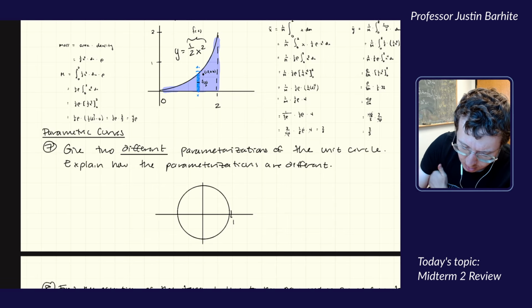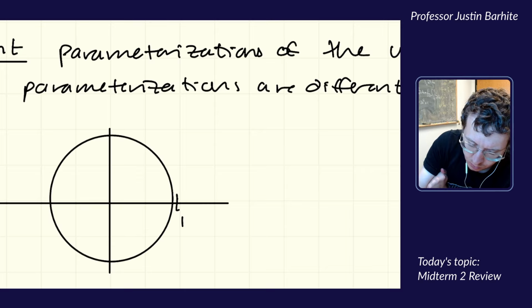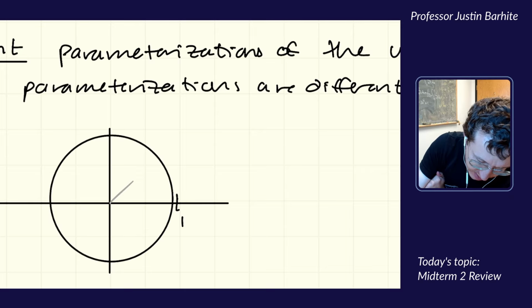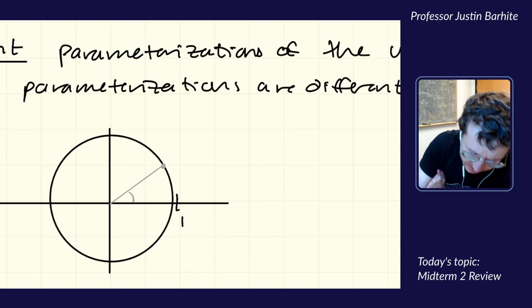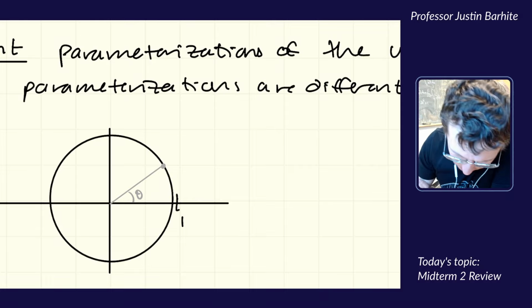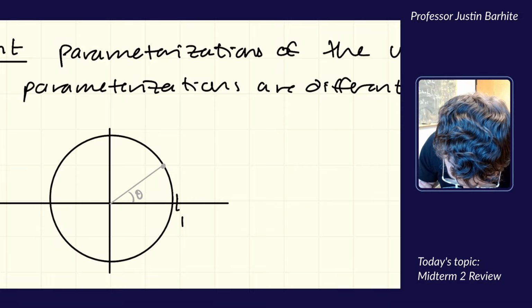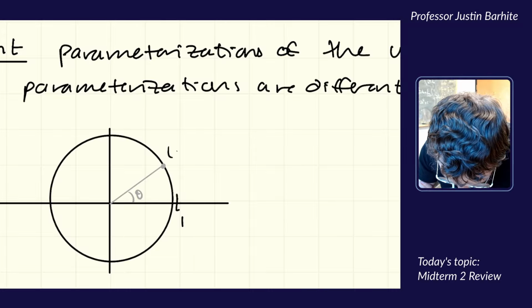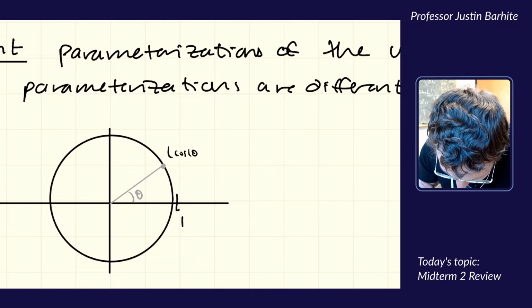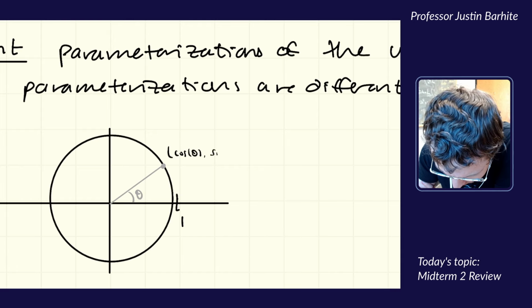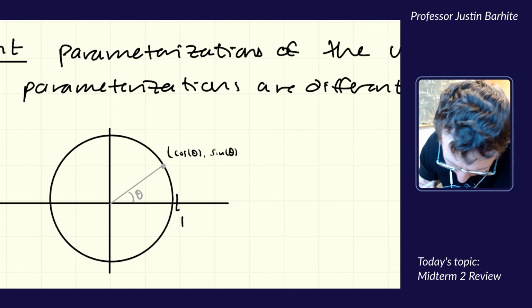Okay, so one way I would go about this is to use an angle theta, and then the coordinates of the point here are cosine of theta, sine of theta.